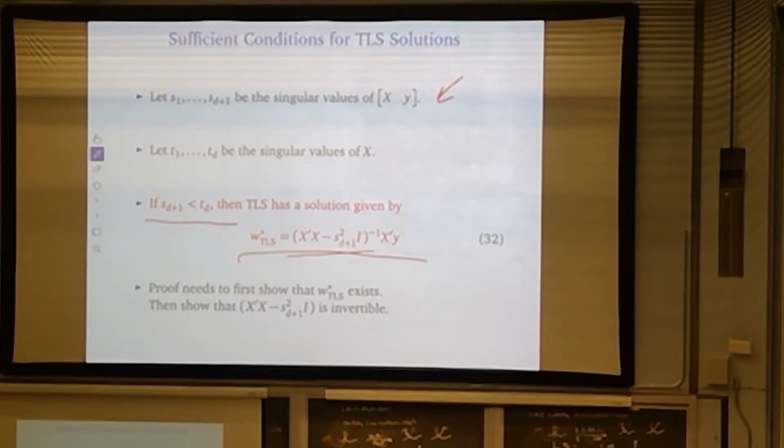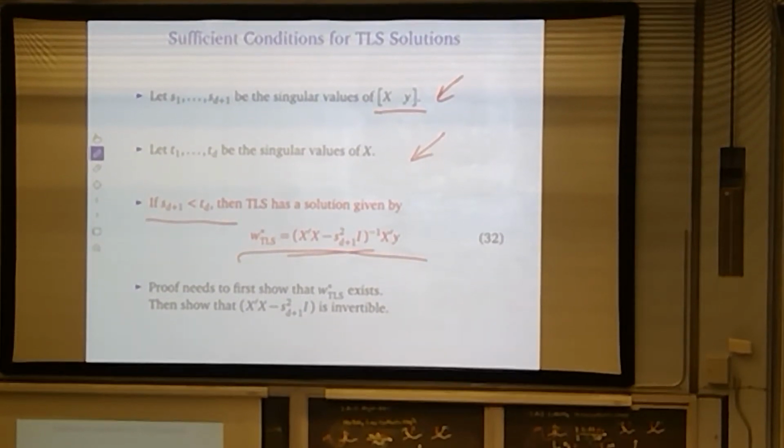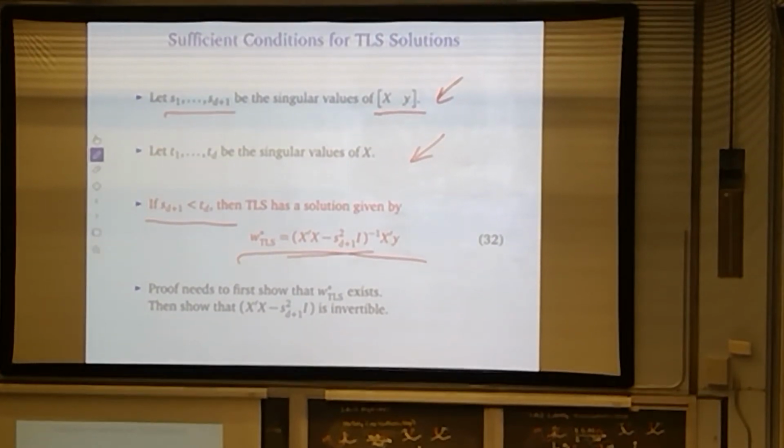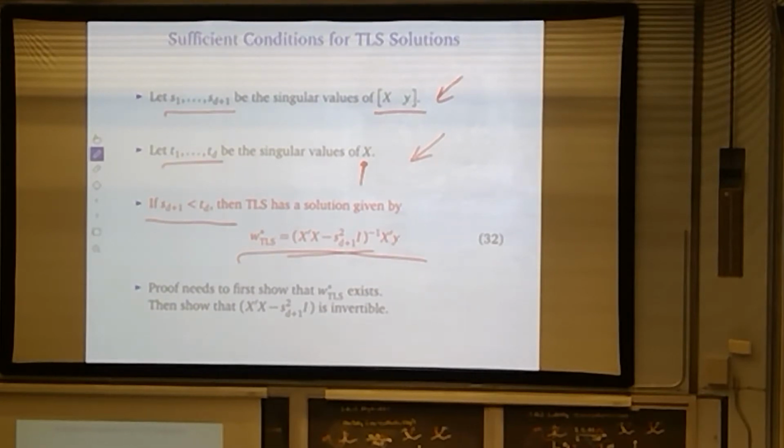These two are just notations. Let's assume the joint data space has these as singular values, and X by itself also has singular values. If the last singular value of the joint data space is less than the last singular value of X, then the TLS has a unique solution and takes this form.